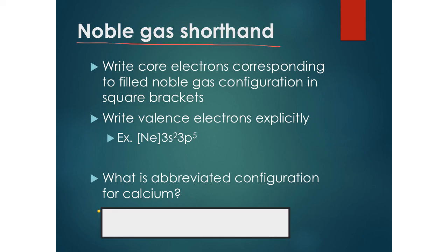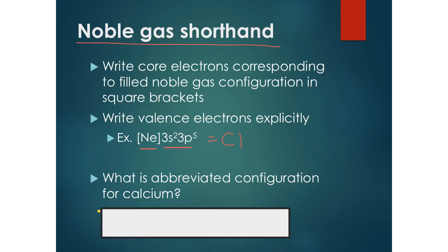So what you do is you write the preceding noble gas in square brackets, and then just everything else that comes after that. So this would be the electron configuration for basically neon plus 3s2, 3p5. So if you follow along in your periodic table, that would give you chlorine.